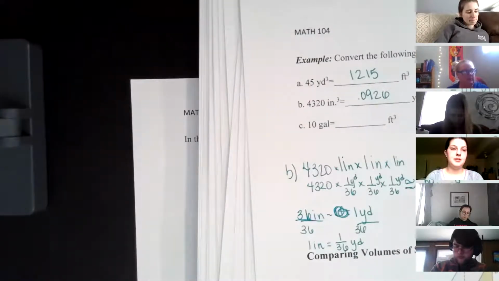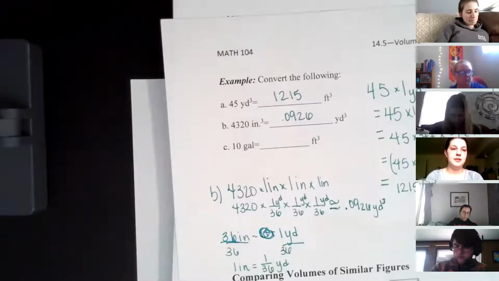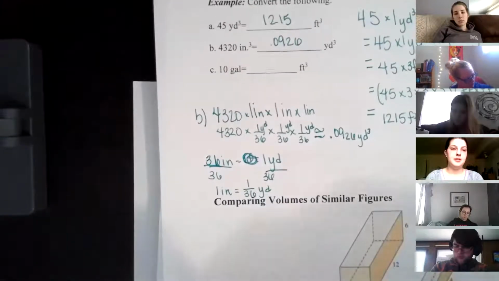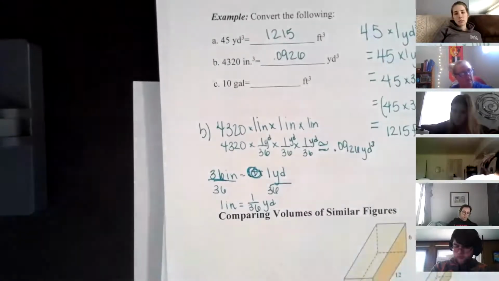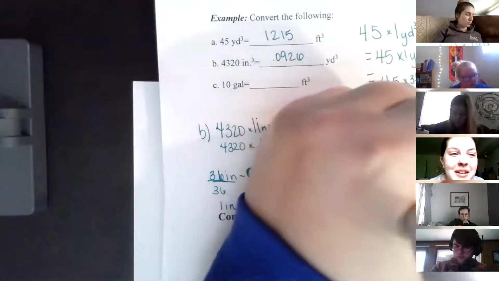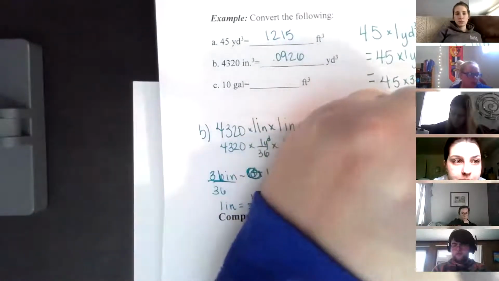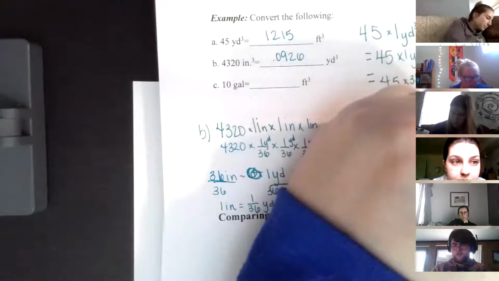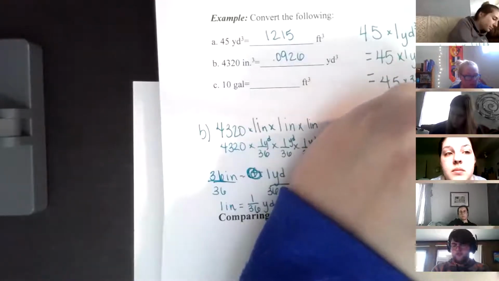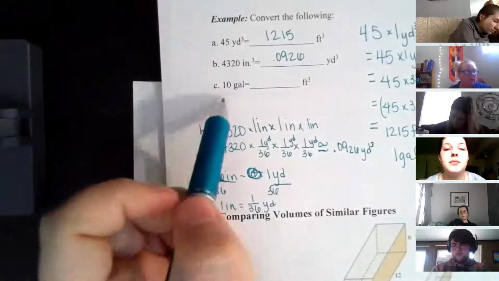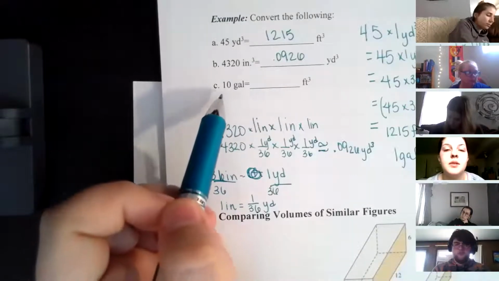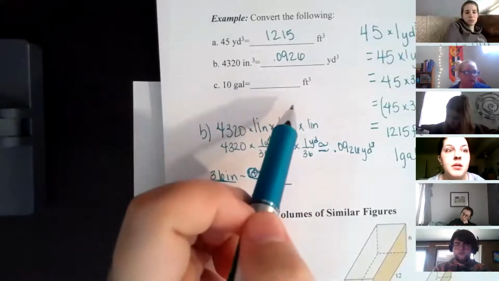What about C? Well, first you have to change the 10 and then you multiply it by the 231 cubic inches, whatever the thing was. I typed it in my calculator. Actually, I can tell you, it is 231. So I know 1 gallon equals 231 cubic inches, but I want to find cubic feet.